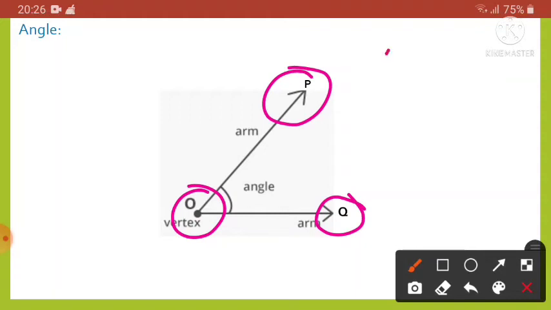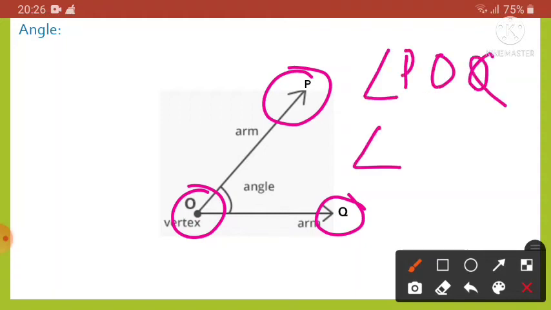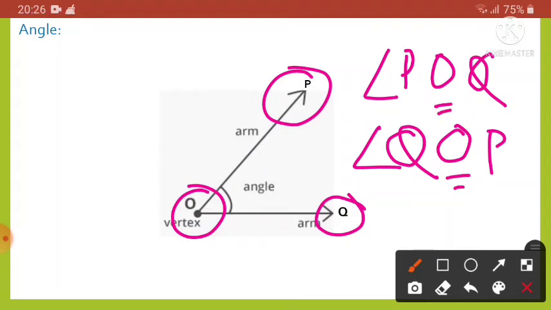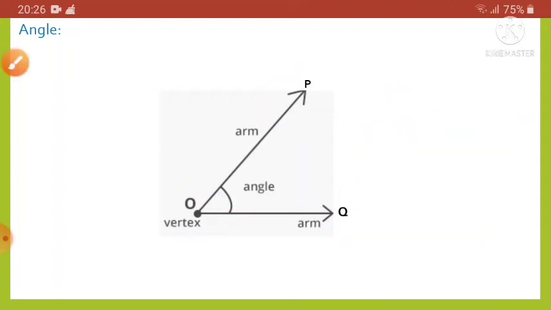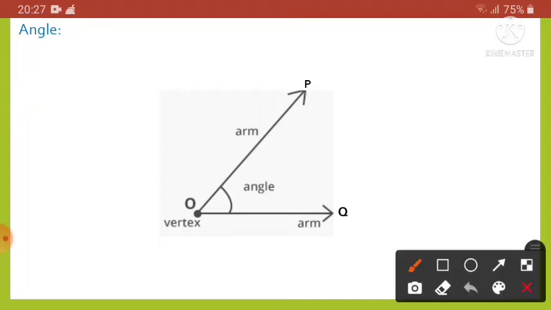So we can write POQ, or you can write in the opposite direction, that is QOP. But remember that O should lie in the middle as it is the angle vertex. Sometimes the angle is represented by small letters. We can give the name to the angle, suppose X, Y or Z. Then you can write angle X that way.